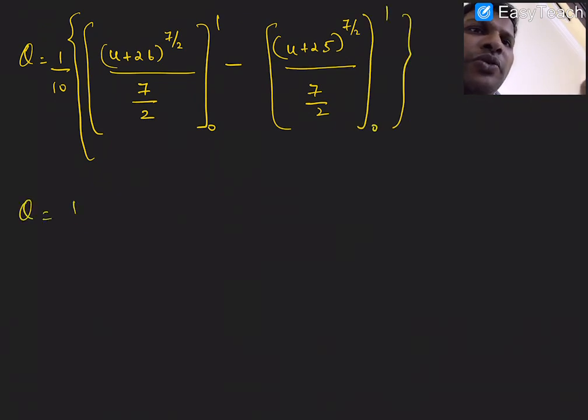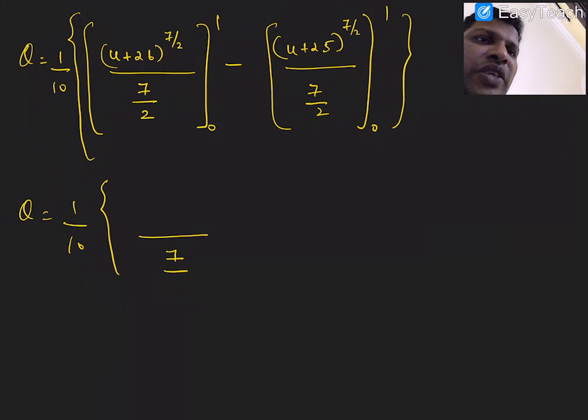So q is equal to 1 over 10. Then if I put u as 1, this becomes 27, okay. So this becomes 7 over 2. So you will get 27 to the power 7 over 2, okay, minus 26 to the power 7 over 2, okay.